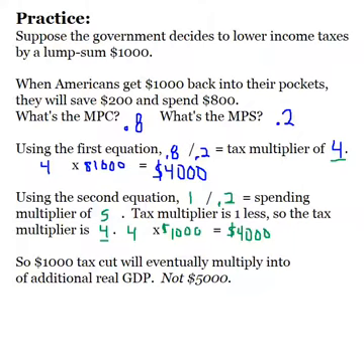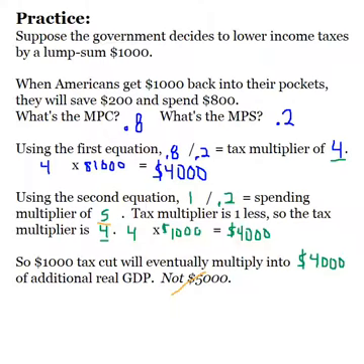Now, the point of this, in conclusion, is that a $1,000 tax cut eventually multiplies into $4,000. If you had forgotten that the tax multiplier is different from the spending multiplier, you would have seen that the spending multiplier is 5, and done, oh, okay, 5 times 1,000, $5,000.